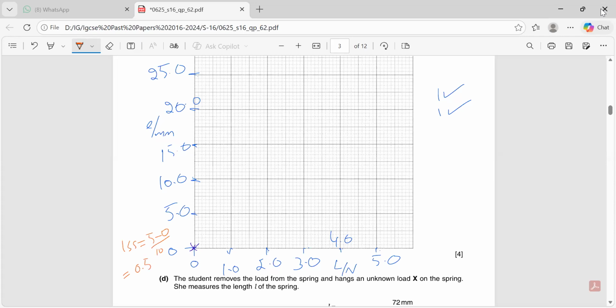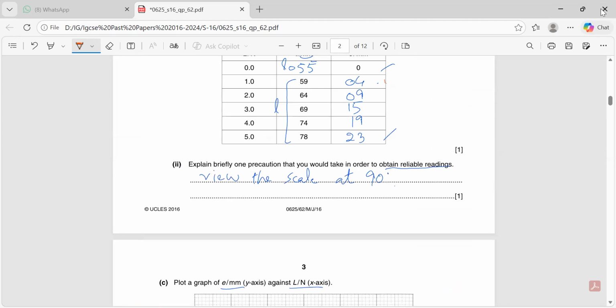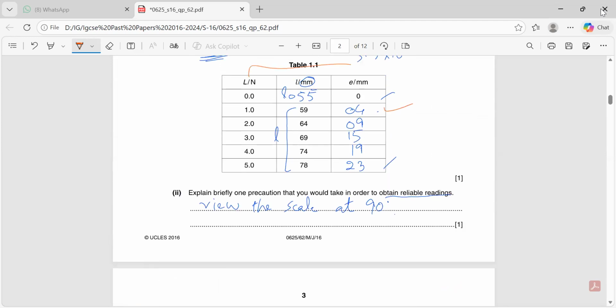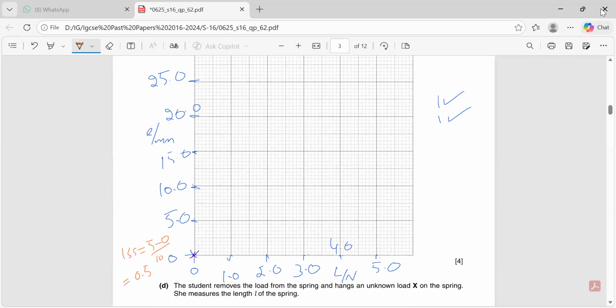So two small squares on the y-axis is equal to 1. Now, at 1, extension is 4. We need to plot a graph, load and extension. So at 1 it is 4. See, this is 5, 2 boxes below. So this way. Then at 2 it is 9.